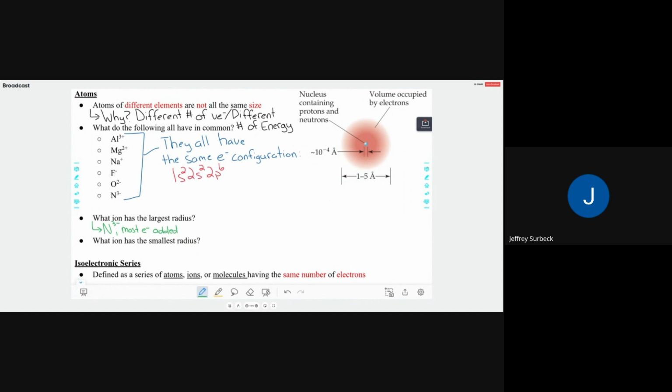Now, the smallest ion here is aluminum because that has the most electrons taken away or removed from it. And it's the aluminum ion with a 3+ charge.